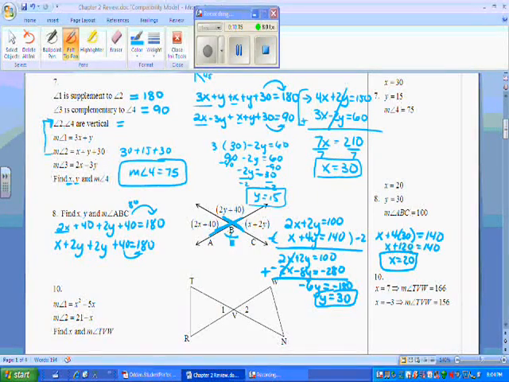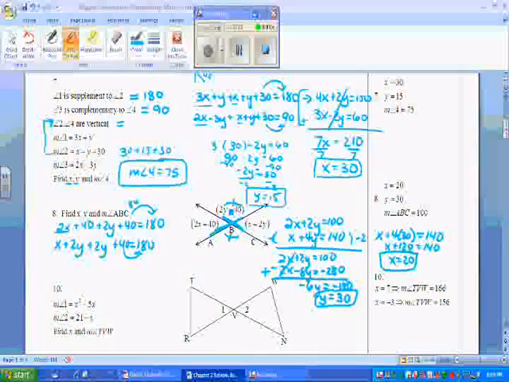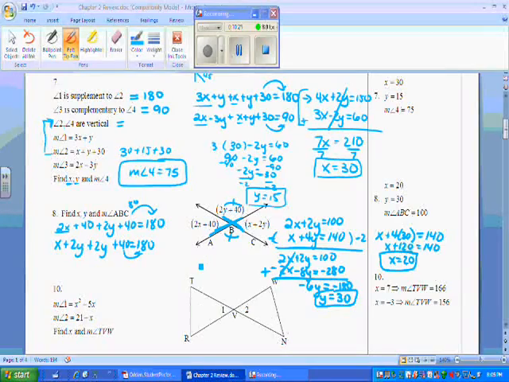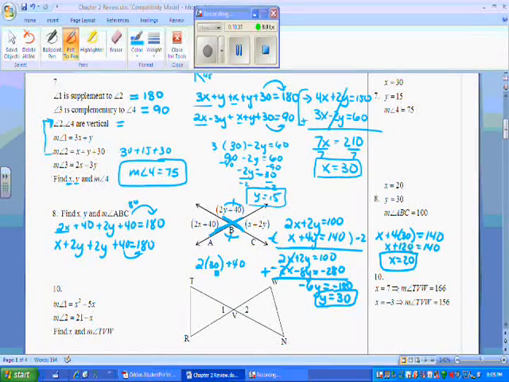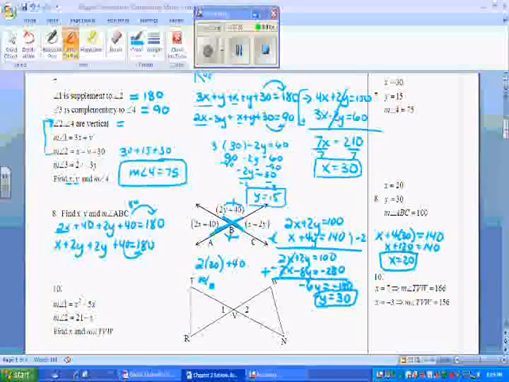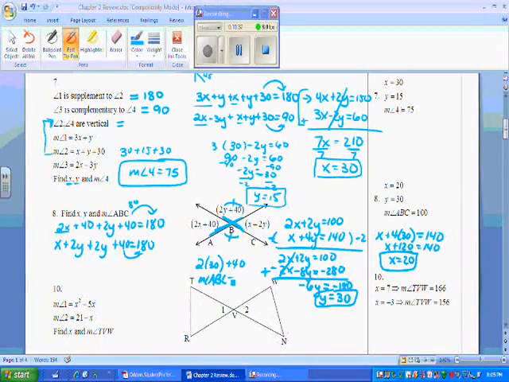Well, ABC, this angle is congruent to this angle. They're the same. They're vertical angles. So we can then plug it back into here, and we can say 2y, when y is 30, plus 40. So this is 60. 60 plus 40. That means the measure of ABC is equal to 100.